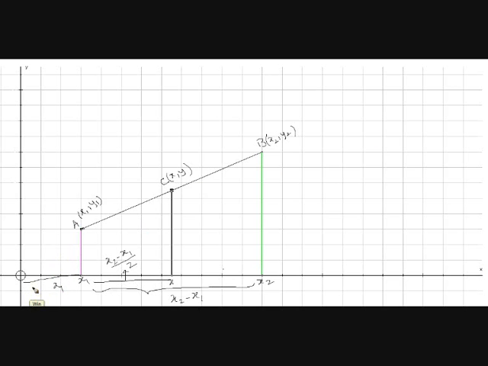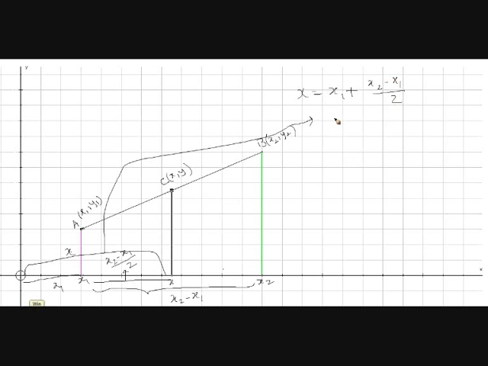Therefore my total distance here can be given as x1 plus x2 minus x1 over 2. This distance, as I said, is nothing but x, because from here to here we call it x. Therefore x is equal to this part, which is x1, plus this part, which is half of x2 minus x1.